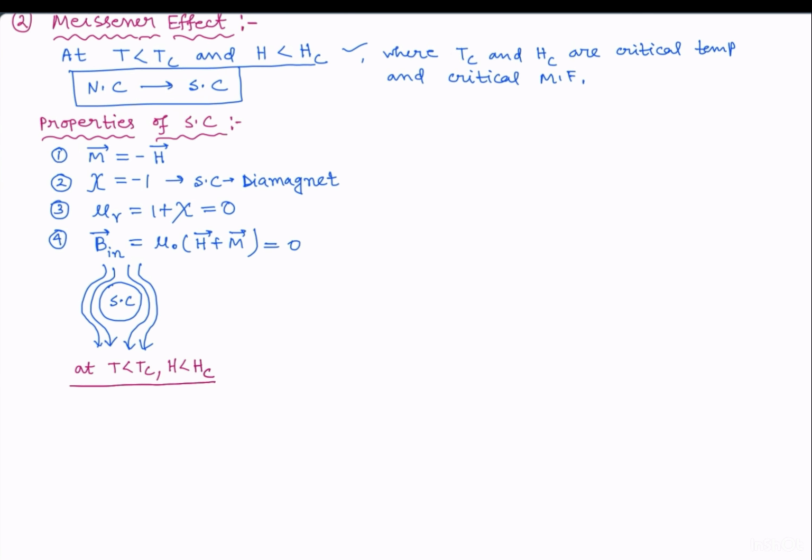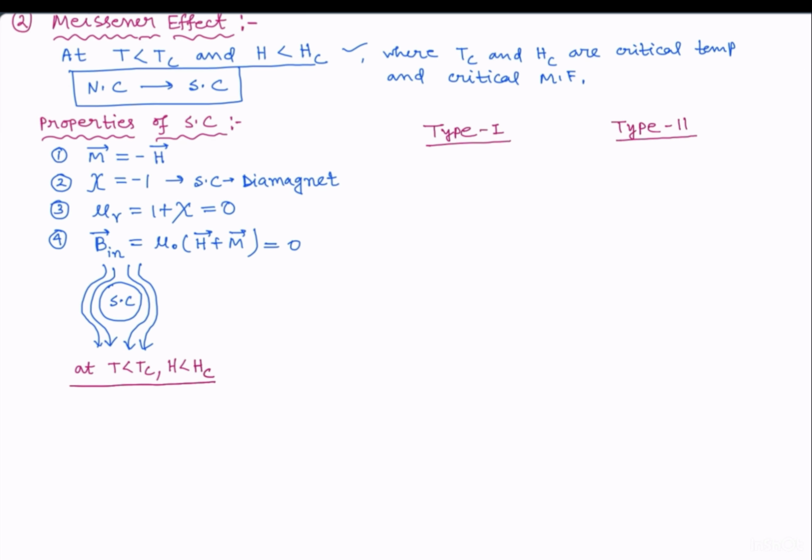We know that superconductors are of two types: type 1 and type 2. In type 1 superconductor, we have to remember that the coherence length is always greater than the penetration depth.